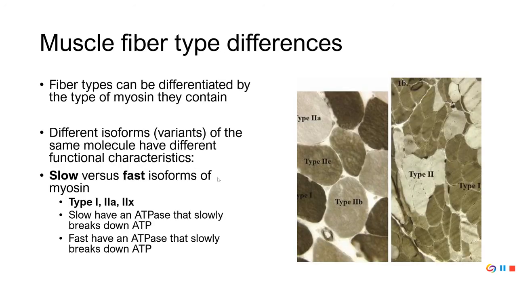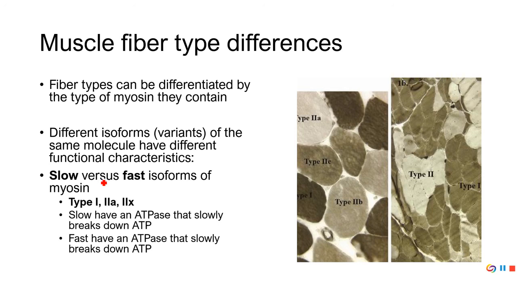Now, in 220, we talked about type 1 and type 2. And if you've read the book at all, they talk about type 1, type 2A, and type 2X. Now, again, this is still putting things a little more simply than what really exists. There are up to 7, 8, 9 different types of muscle fibers, but they have very small differences.